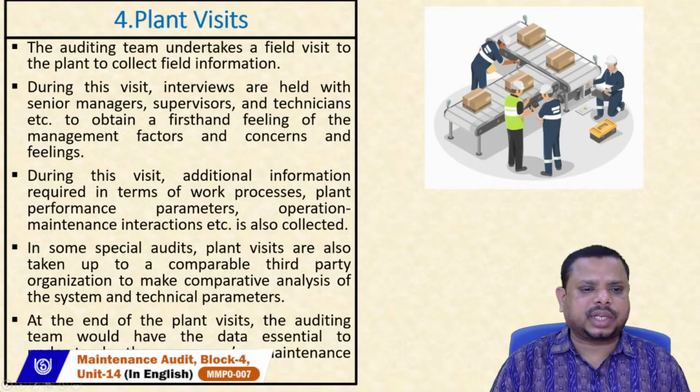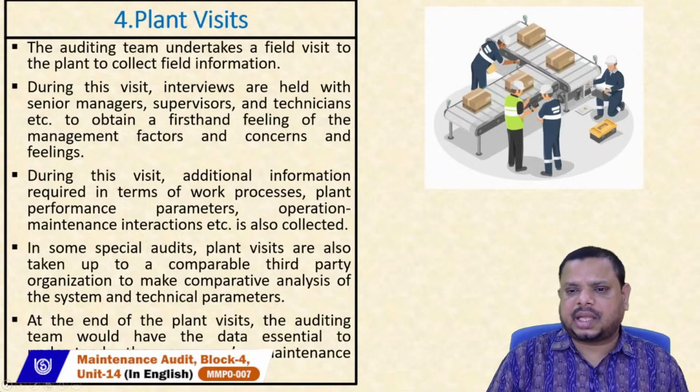feelings. So during this visit, additional information required in terms of work process, plant performance parameters, and operation maintenance interaction is also collected. Next, in some special audits, plant visits are also taken up for comparable third parties.